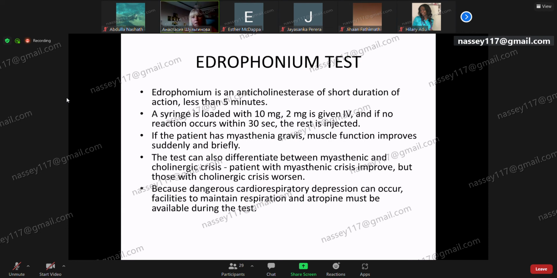Myasthenic crisis is seen in patients with myasthenia gravis, particularly those without treatment, for example, for a long period of time, or who forgot to take some drugs. Cholinergic crisis is seen in what group of patients? When the patient took a great amount of cholinergic drug, due to this appears cholinergic crisis. So, a patient with myasthenia gravis will improve after injection of edrophonium, but in cholinergic crisis may become worse. In these cases, we need to use atropine.